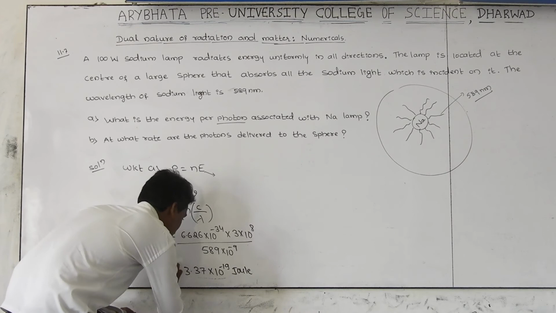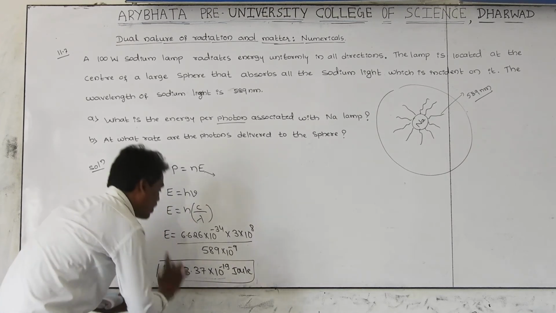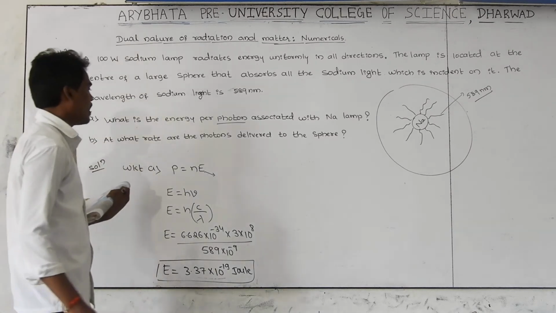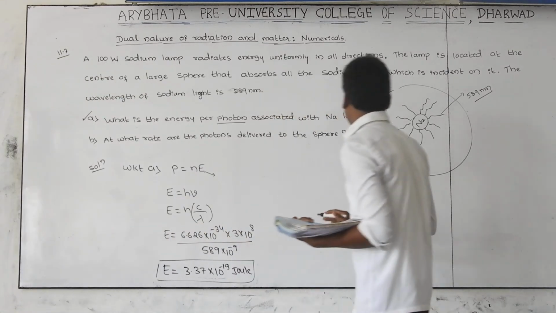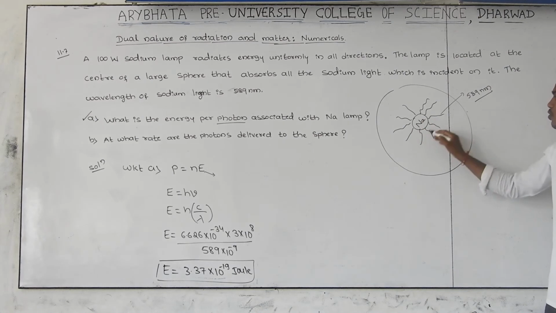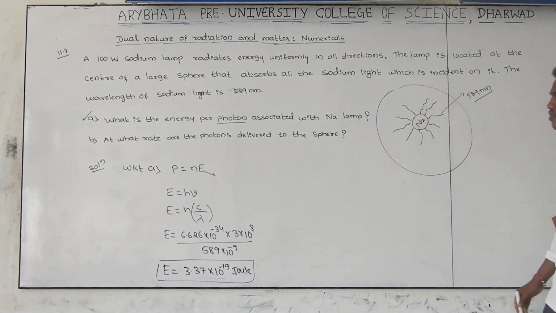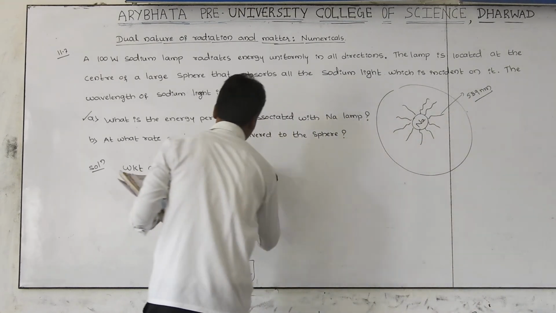This is the energy of one radiation. And this is the first one. And the second one, at what rate are the photons delivered to the sphere? Means the number of photons emitted by the sodium lamp in 1 second you have to find out. Again you have to use this equation.